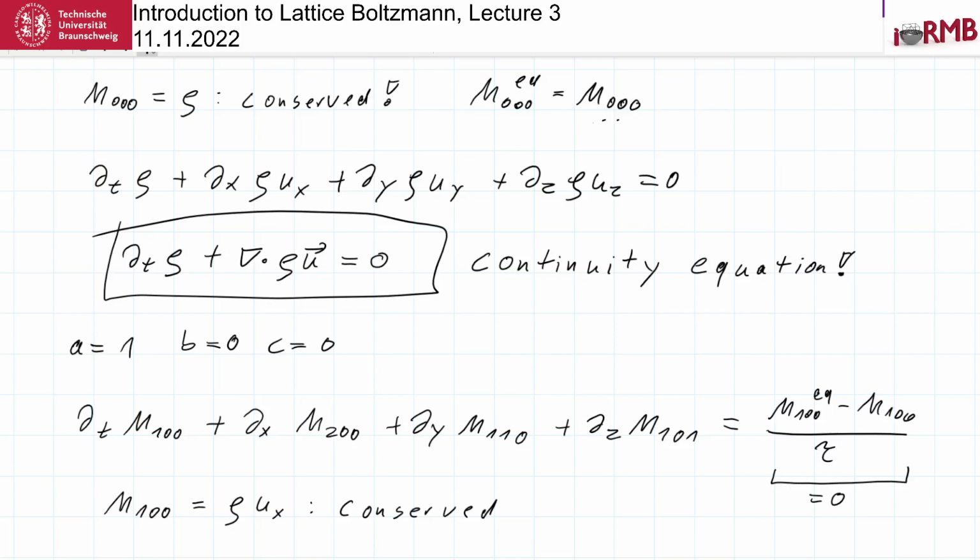And because it is conserved, it means that the equilibrium of this is equal to the state at which it enters the collision. Okay, now this is 0, but what we need in order to proceed is to know what this and this actually are.